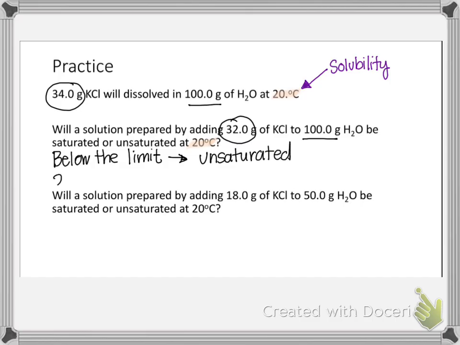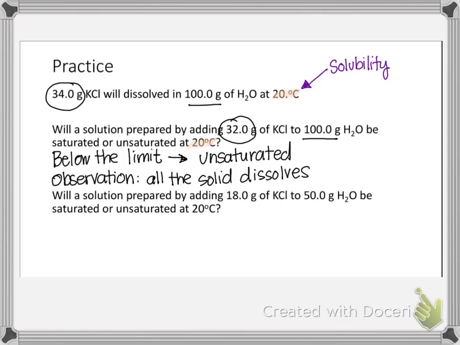If a solution is unsaturated, your observation will be that all the solid dissolves. Okay, so if it's below the limit, it would be unsaturated. We would add it, all the solid would dissolve.